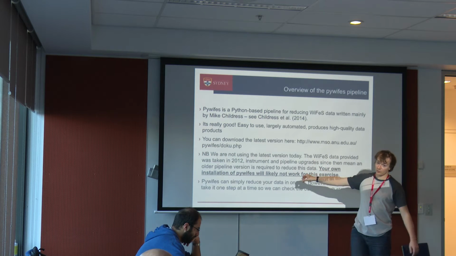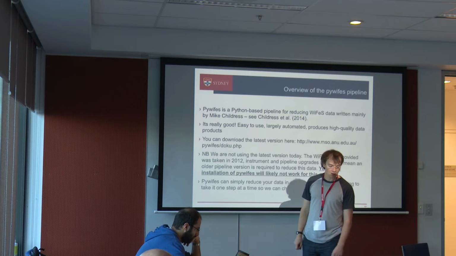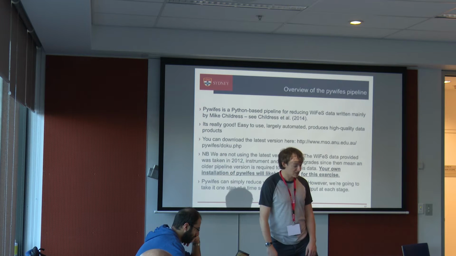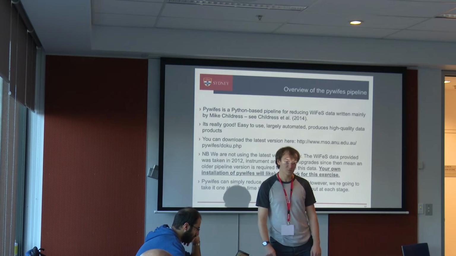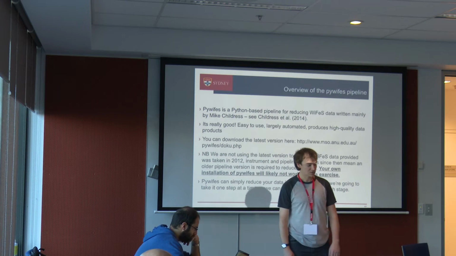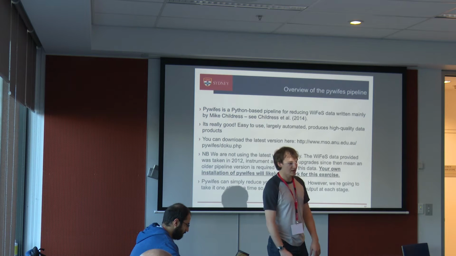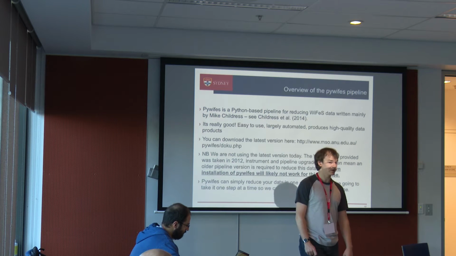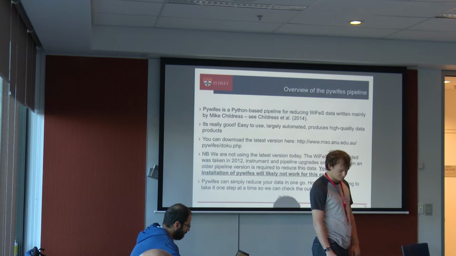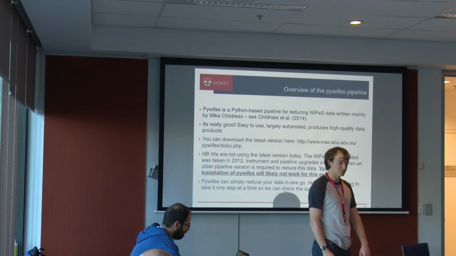But you should note that we're not actually using the latest version today. The data I had to hand was from 2012. The pipeline and the instrument have changed slightly since then, so we are using a slightly older version of the PyWifes pipeline. Anyone who produced WIFES data previously and had the PyWifes package on their machine may run into issues as we go along, and one or two of the steps will be slightly different.